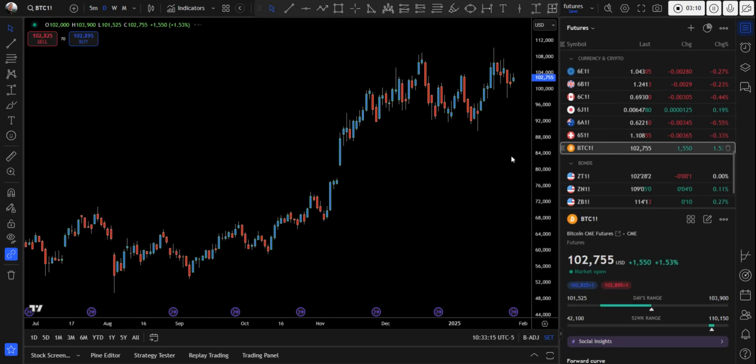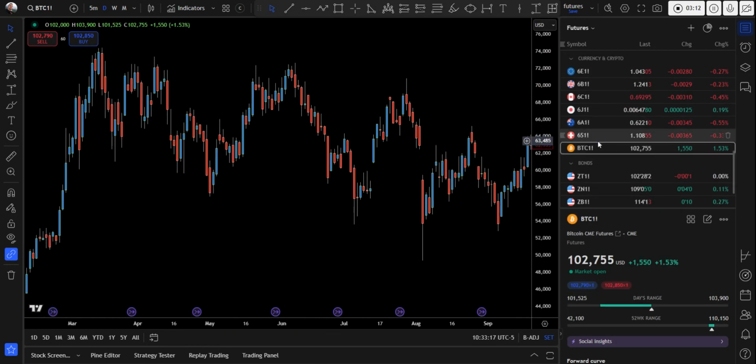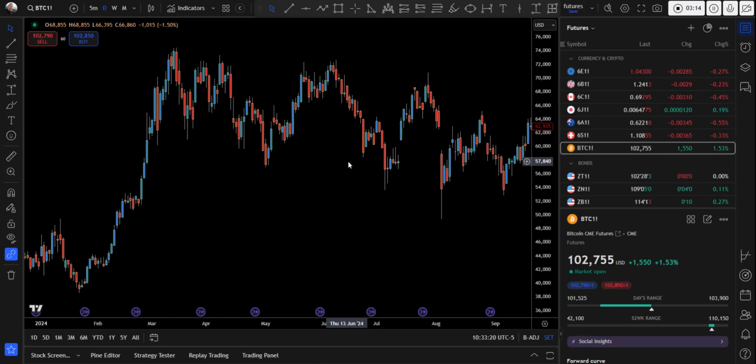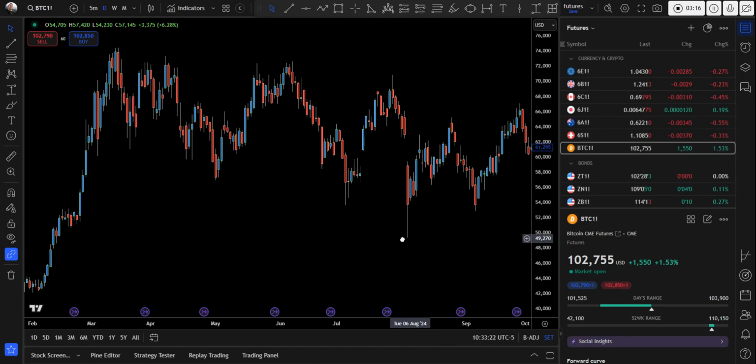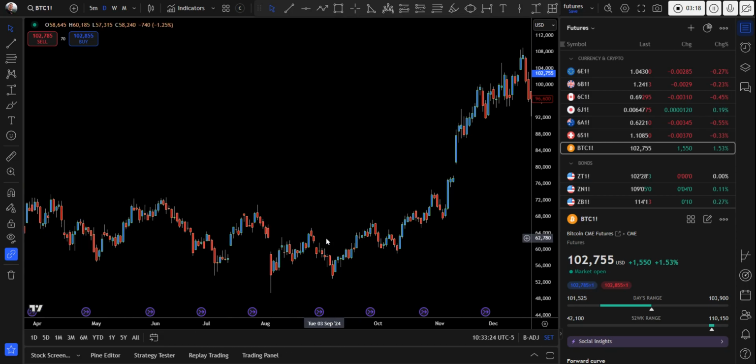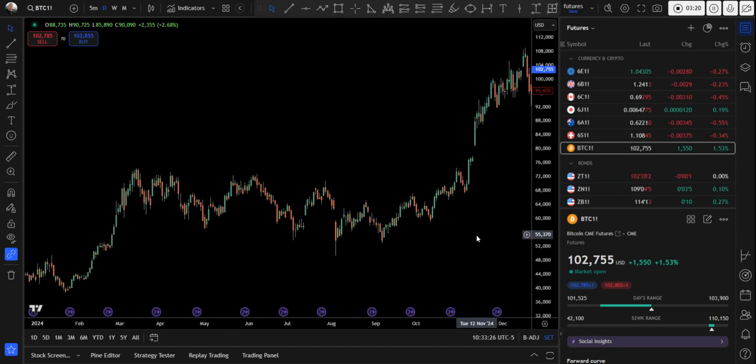We'll look at Bitcoin, because I believe this one was consolidating at one point. What do I mean by sideways? Well, you see how it's just going back and forth, back and forth. It's not trending upward and it's not trending downward. It's just sideways. That's what I mean by sideways.